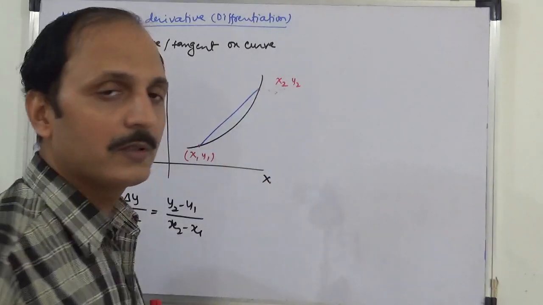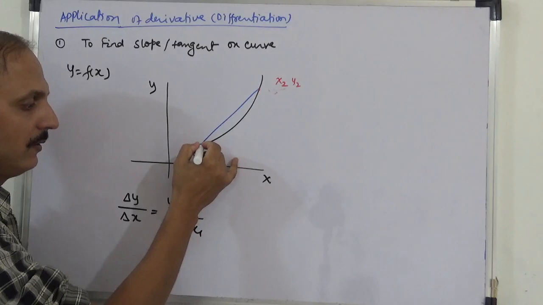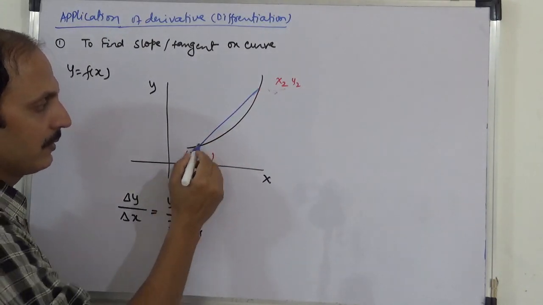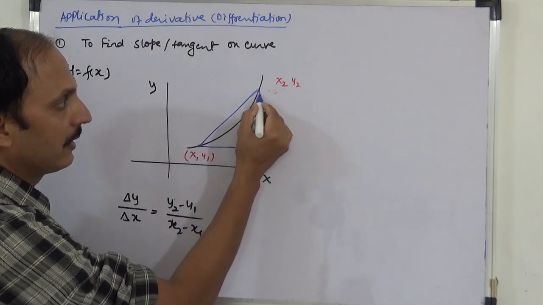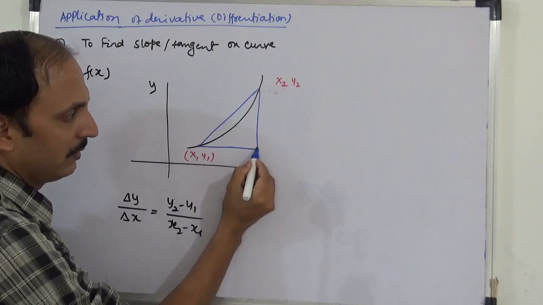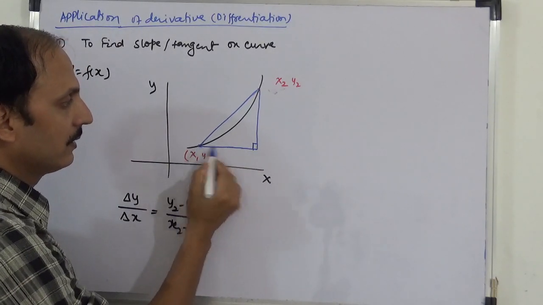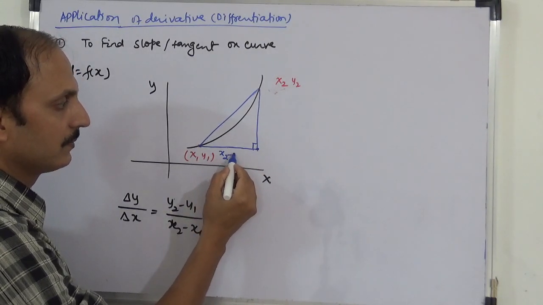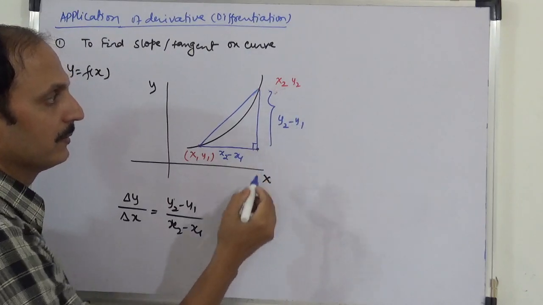In 9th, 10th you must have done this. If I complete this rectangle, meaning the right angle triangle, this distance is x2 minus x1 and this height is y2 minus y1.